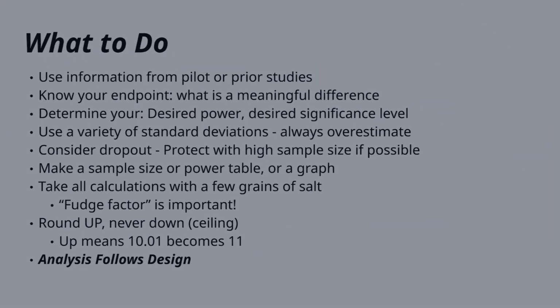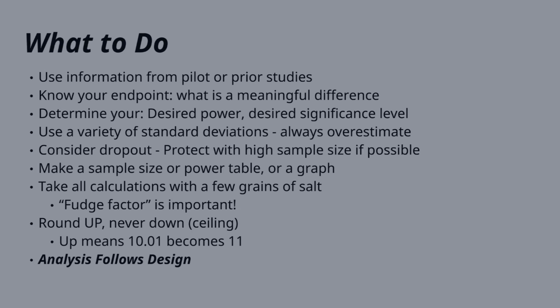That leads you to the things that you need to do. So you can use information from pilot or prior studies to hone in on the estimates that would be useful for your power and sample size. Know your endpoint. What is a meaningful difference for your population at hand? Determine your desired power and your desired significance level. Use a variety of standard deviation estimates. Always overestimate.